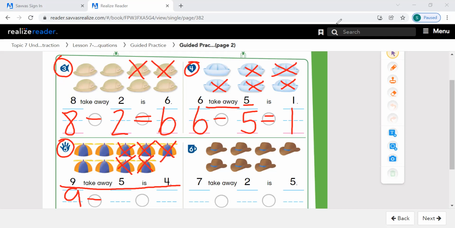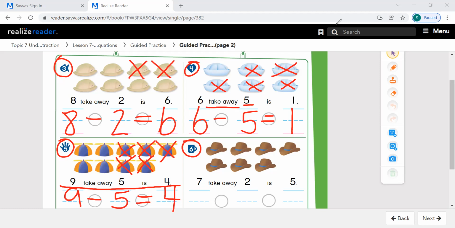That means we are subtracting 5 or taking away. Same thing. So we are going to say 9 minus 5 is or equals, how many hats are remaining? 4. 9 minus 5 equals 4.